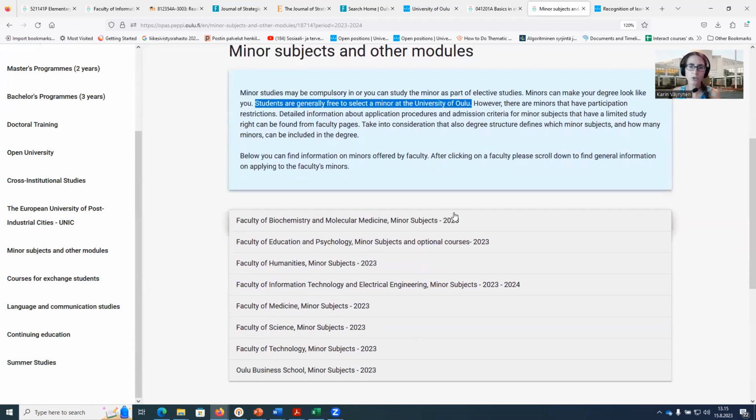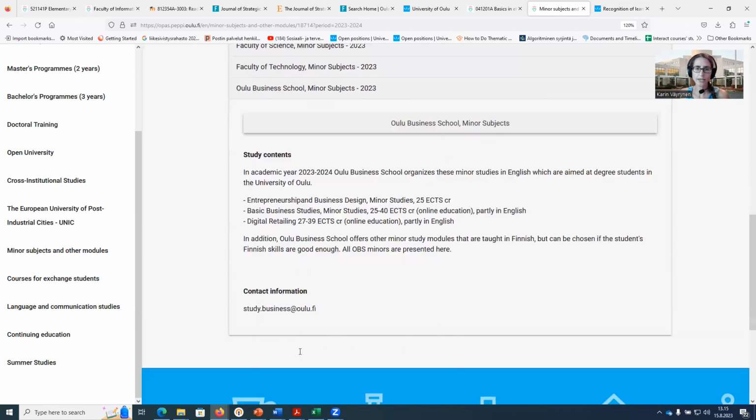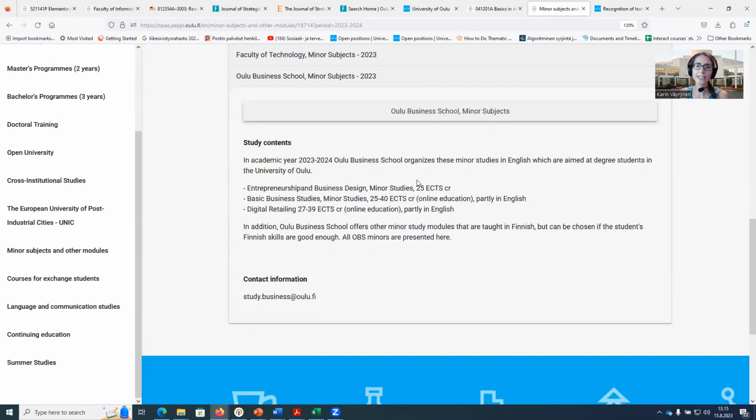And I will take now only 2 examples of how you can look for those studies. The first example I'm going to take is Oulu Business School minor subjects. If you go there, first of all, you get information. And this information says that there are 3 minor studies that are aimed at degree students in the University of Oulu.